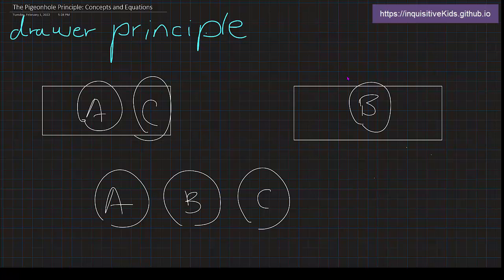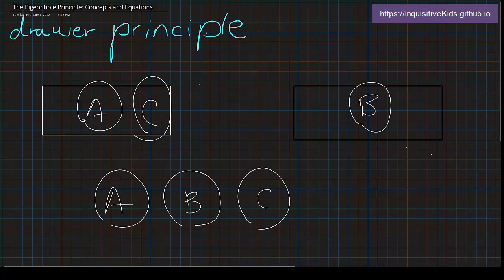Imagine that there are two pigeonholes, so basically just places to contain pigeons. There are three pigeons, pigeon A, B, and C. They're circles, but just imagine them as pigeons. And I'm trying to put them into the drawers, not evenly, and as you can see there are only two drawers for three pigeons. So I have pigeons A and C in the first drawer and B in the second drawer.